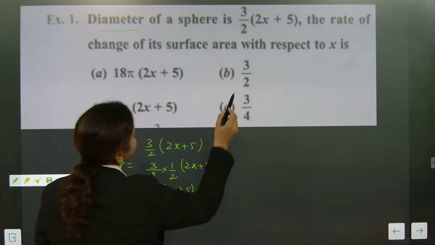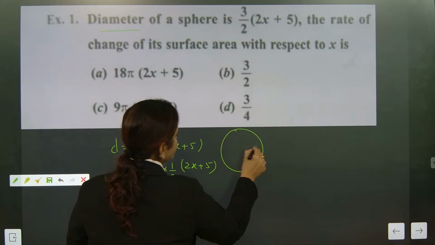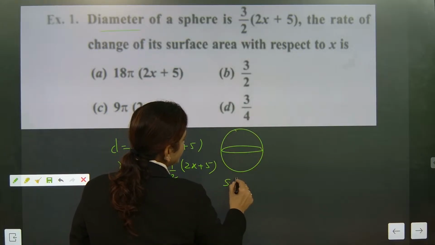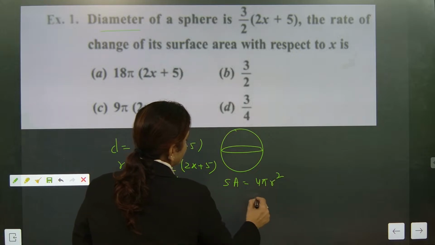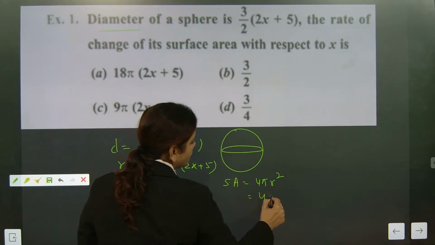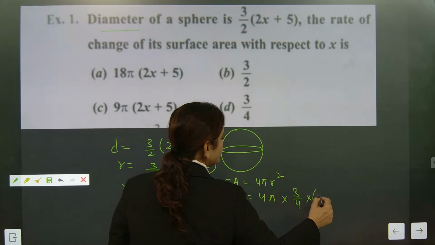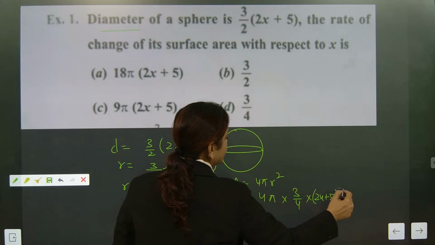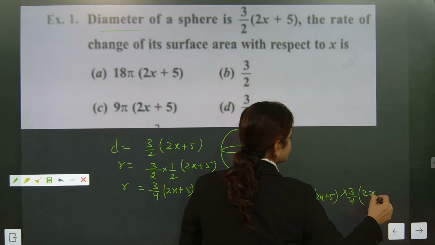Okay. Now they are asking the rate of change in surface area. So the surface area of a sphere is what? Surface area of a sphere is 4 pi r square. Understood? So it will become 4 pi into 3 by 4 into 2x plus 5 and 3 by 4 into 2x plus 5.